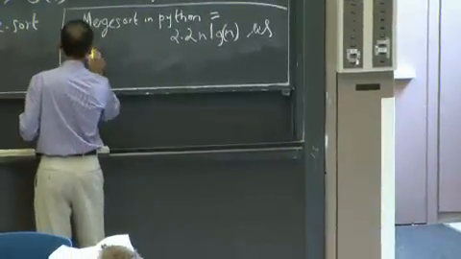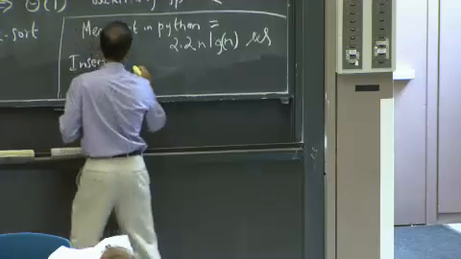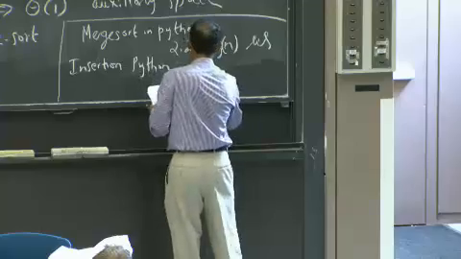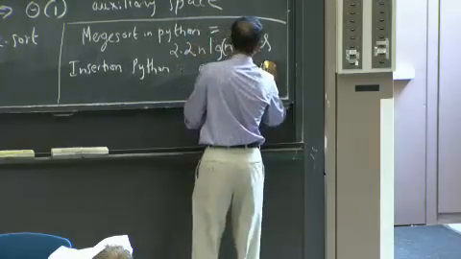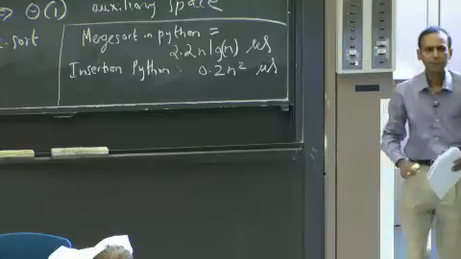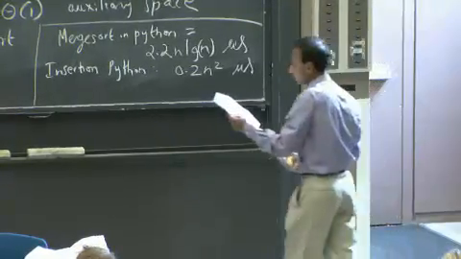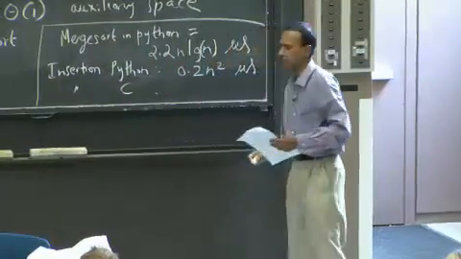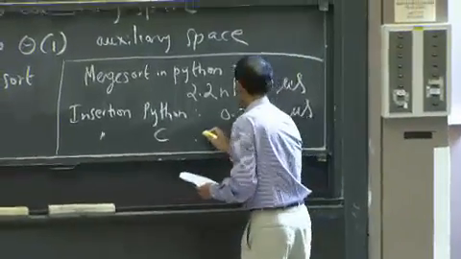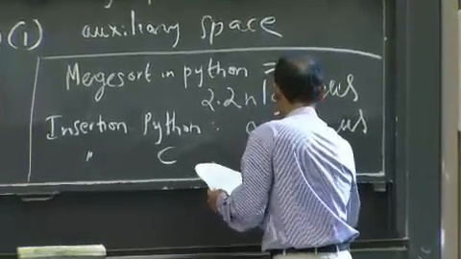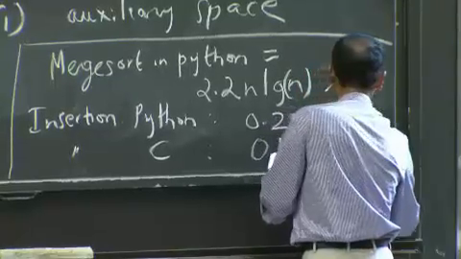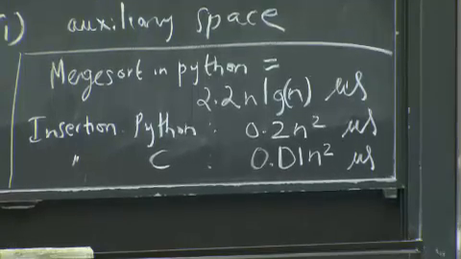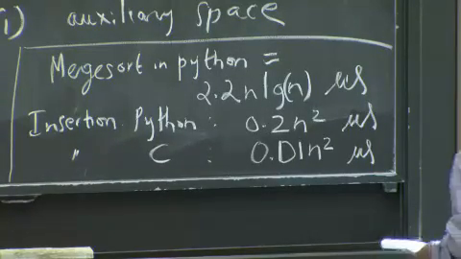And if you look at insertion sort in Python, that's something like 0.2 n square microseconds. Okay? So you see the constant factors here. If you do insertion sort in C, which is a compiled language, then it's much faster. It's about 20 times faster. It's 0.01 n square microseconds.